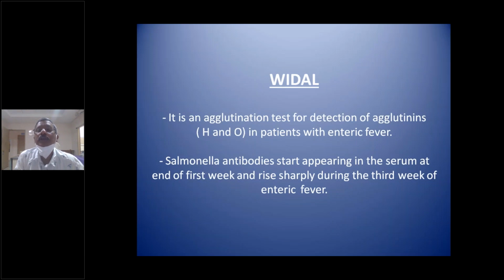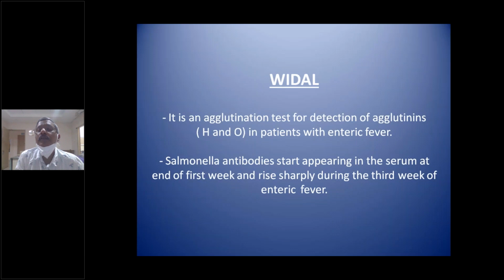He first discovered this antibody detection agglutination test for Salmonella typhi and paratyphi A, B, and C. The Vidal test is a serological test. Serology means antigen or antibody detection. Here the Vidal test is an antibody detection test.